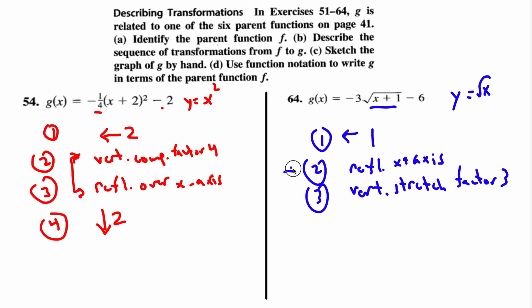Like I said, these two, because you're multiplying by -3, you could flip-flop and it doesn't make a difference. But definitely the last thing would be to subtract the 6, which is causing it to go down 6. So those would be the transformations in that particular case.